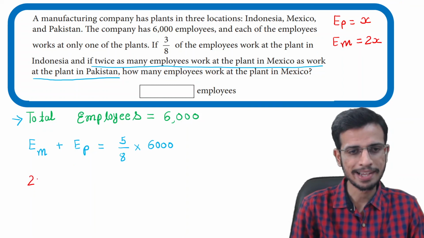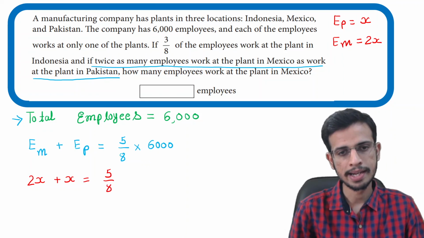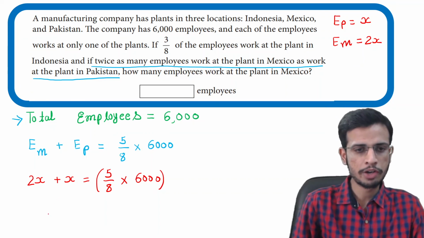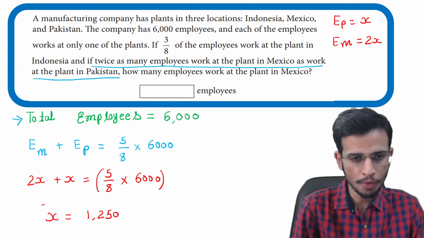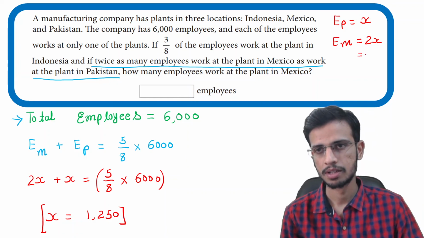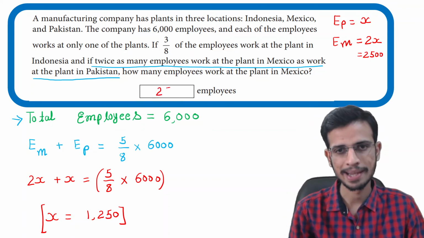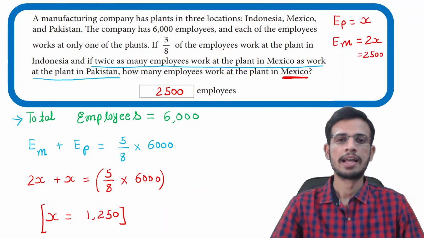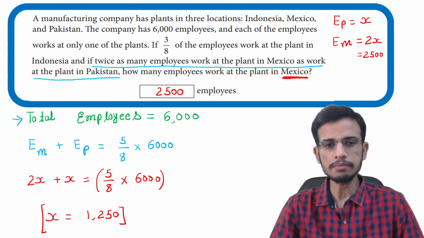So the number of employees in Mexico, 2X, plus X will be equal to 5 by 8 of 6,000. From this we get the value of X. So X will become 1250. But we don't want the value of X, we want the value of 2X, and that will become 2,500. 2,500 employees are working at the plant in Mexico, and 1,250 employees are working at the plant in Pakistan.